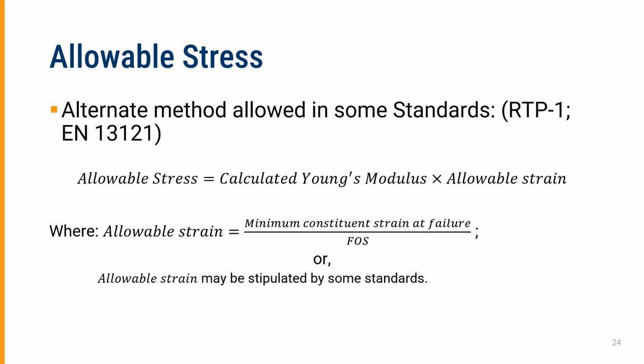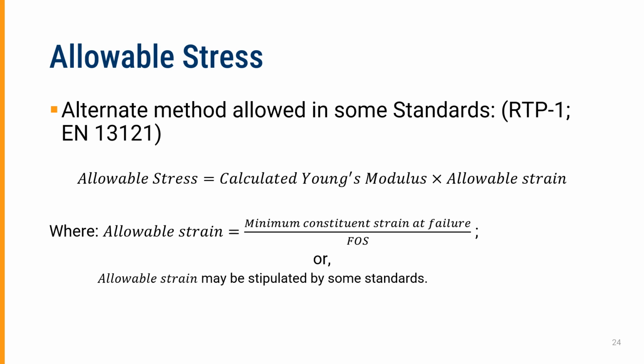An alternate method to determine the allowable stress is allowed in some standards. RTP-1 is one that allows it, as well as EN 13121, where allowable stress is equal to the calculated Young's modulus times the allowable strain.